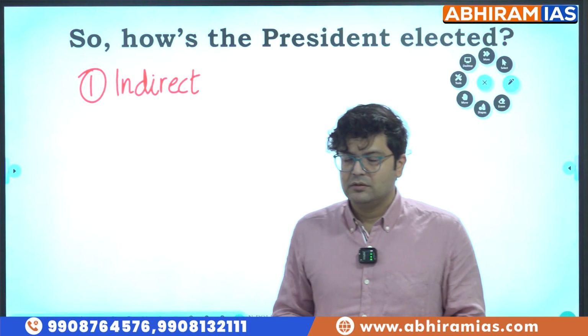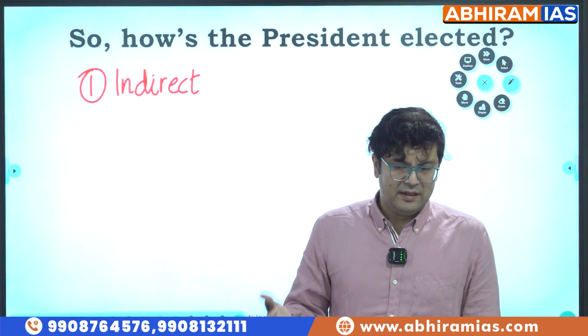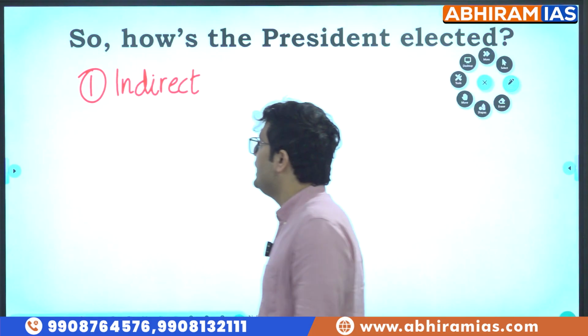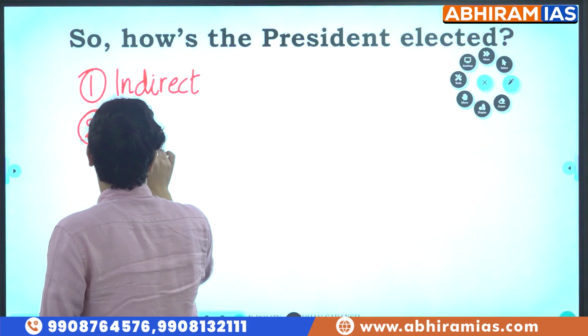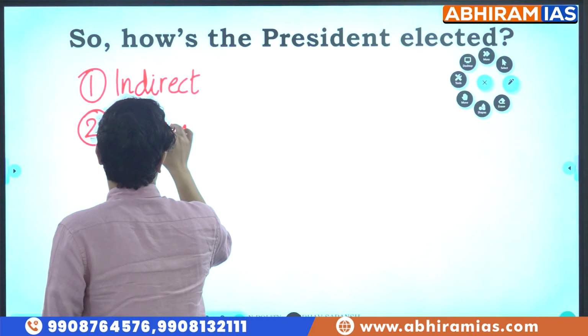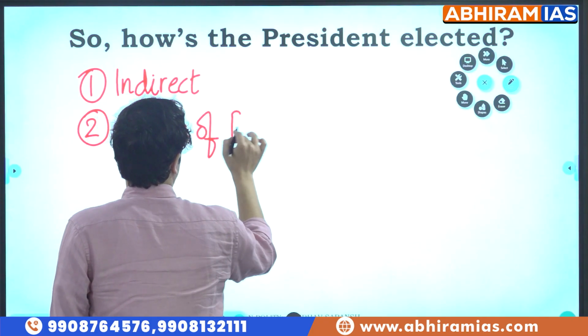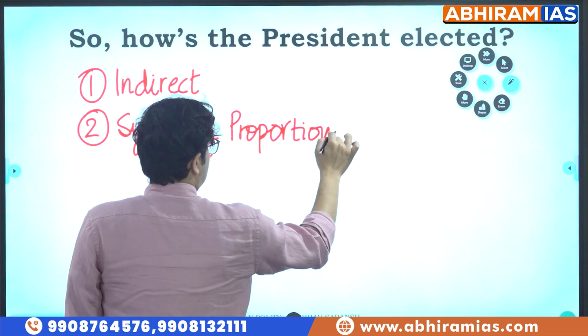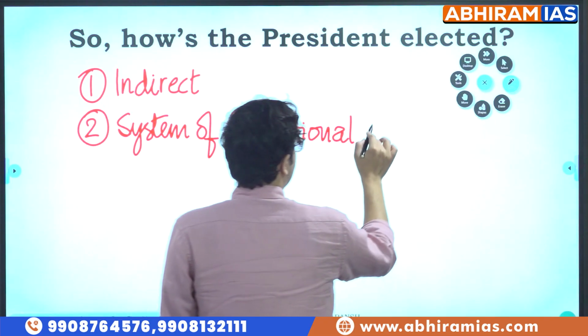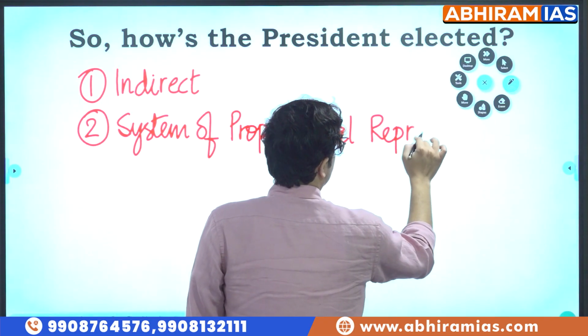Because we don't vote. Elected people are voting, hence indirect. And we follow a system which is called the system of proportional representation.